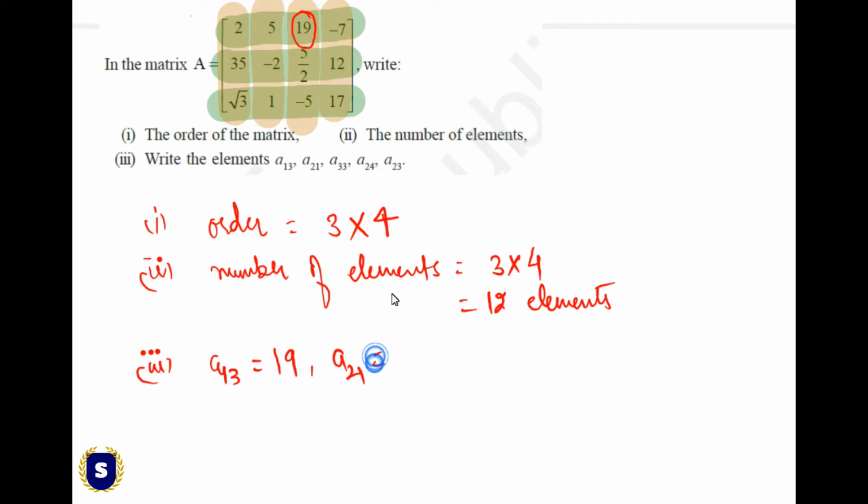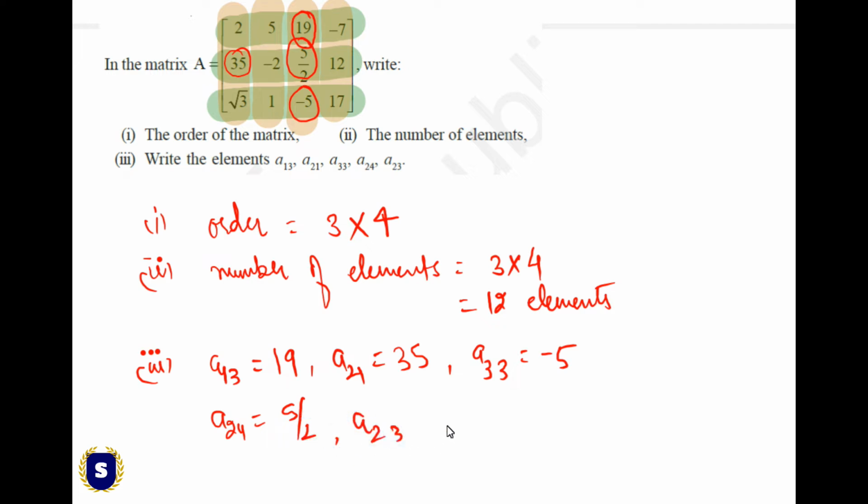A21 is equal to second row में first column, so this is at 35, right? Same way A33, this is third row third column -5. Then A24, second row third column, so this is 5 by 2, right?